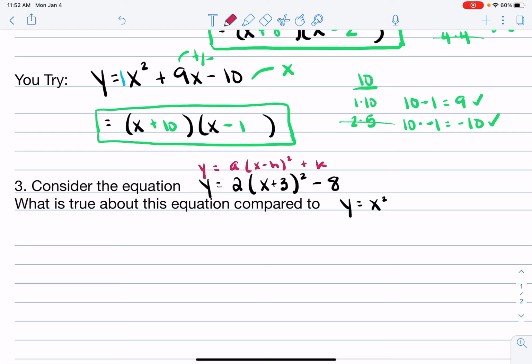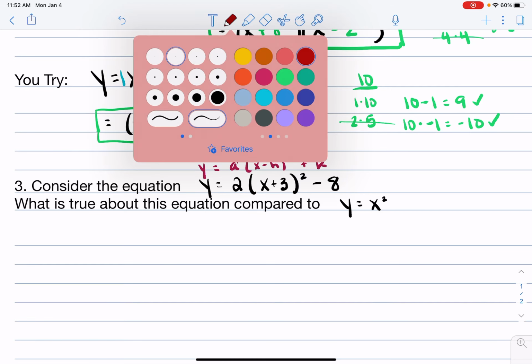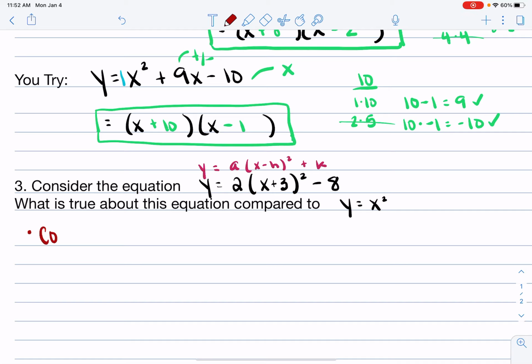So what this question is asking is, some of the descriptors that we've used would be concave up or down. And then we also talked about left or right, and up and down.